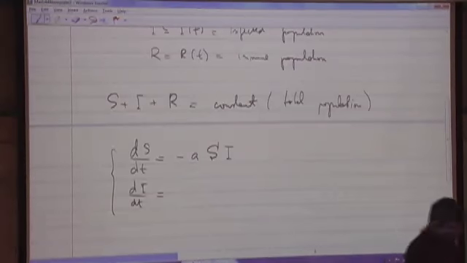So there's a decrease in the number of susceptible population due to that interaction. The infected population, of course, grows if there are infected people interacting with susceptible people, and there is also an intrinsic.